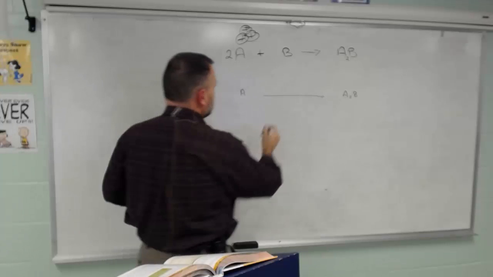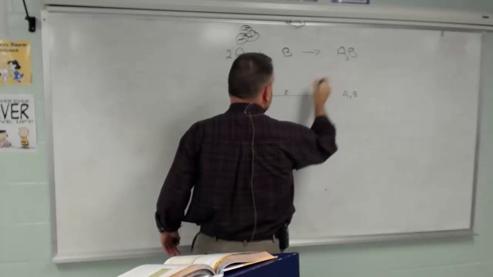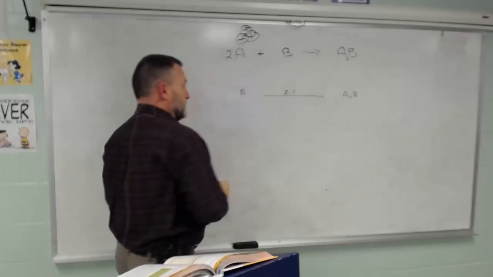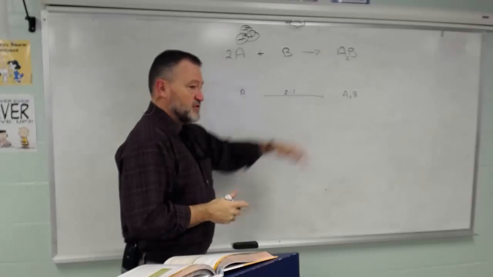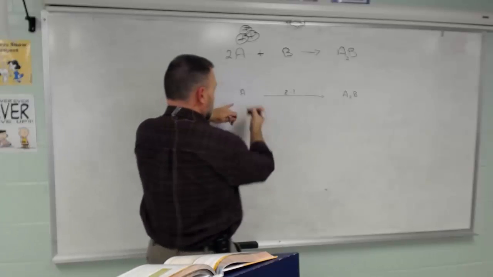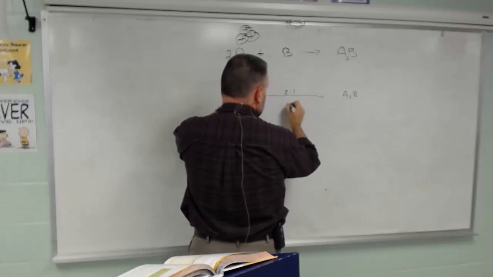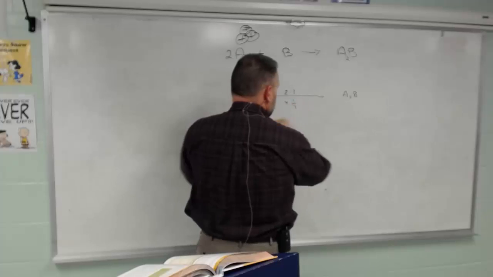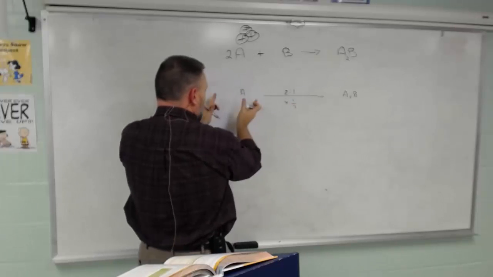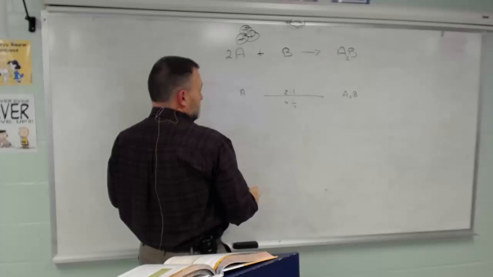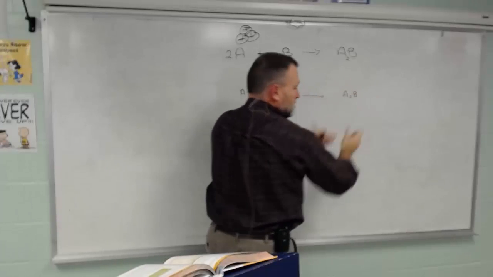For every 2, we produce 1. And so if we're moving from A to B, the multiple is going to be what? From here to here is going to be times 1/2. Whatever amount of A we have, it's going to produce half as much of the product.